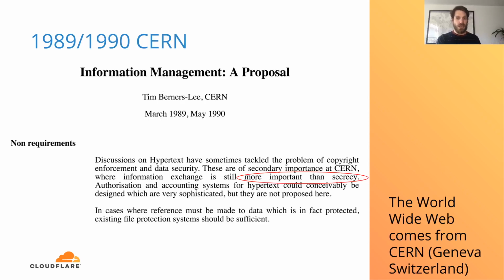So on top of this internet without any predefined security, Tim Berners-Lee decided to build the World Wide Web when he was a researcher at CERN, roughly around 1990. Now, if you read one of his first proposals, he does consider that the exchange of information is way more important than secrecy, or if you were then to extrapolate this, way more important than security.